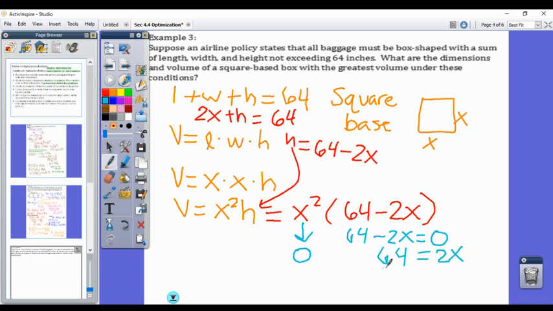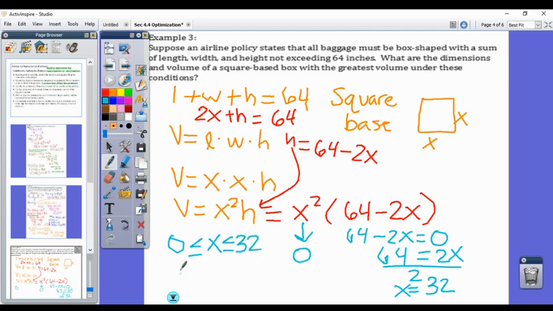And I can divide by 2 to give me x is 32. So that is giving me my limit for my x is going to be in between 0 and 32.